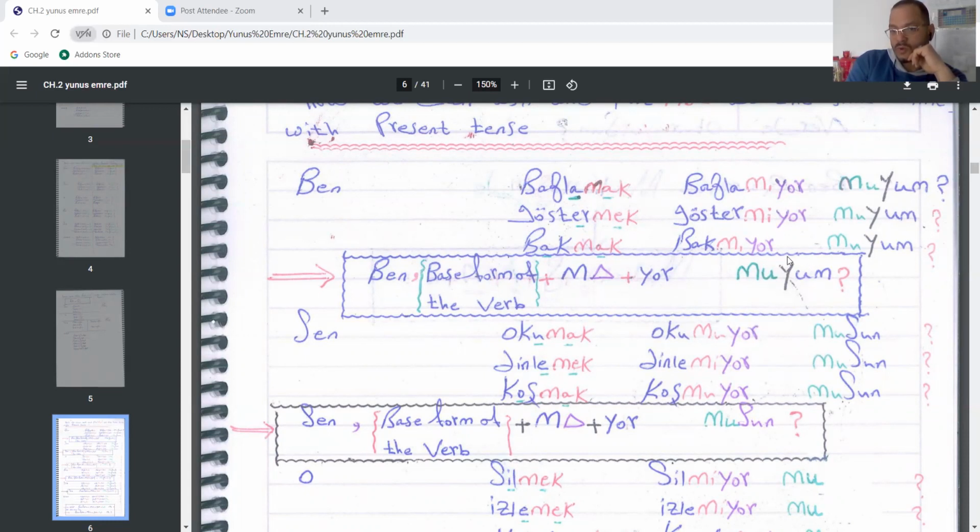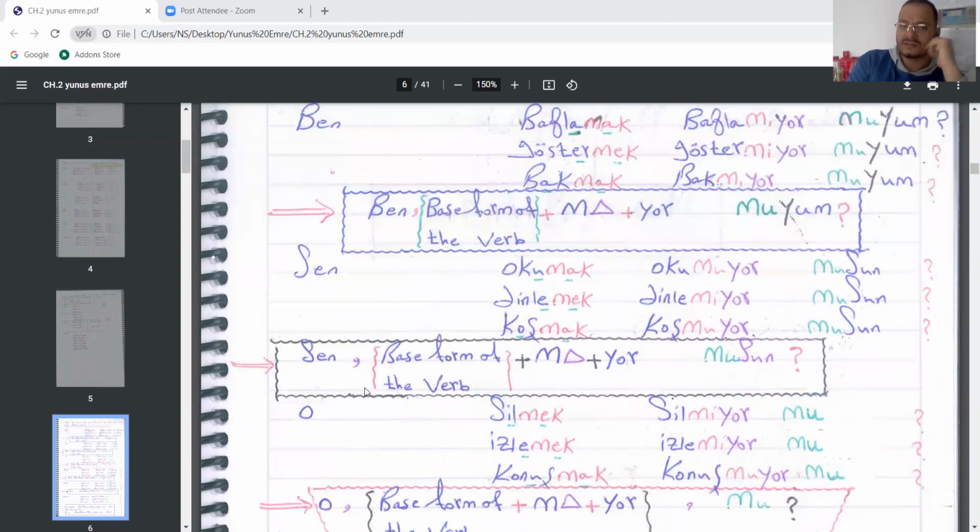We will put y here, to be mıyım. To be bağlamıyor muyum? Göstermiyor muyum? Bakmıyor muyum? With sen, the base form and m delta, but here this choice, the different things will be just some. To be okumuyor musun? Dinlemiyor musun? Koşmuyor musun? Koşmak, running, dinlemek, listening, okumak, reading.